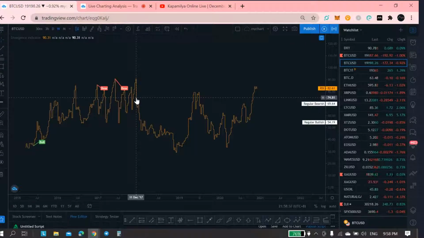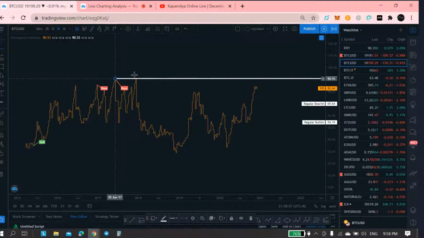I think this one. So 90.91, 31. So this area is 90.53. So that's the highest, I think, 90.31. So around that area, close to 91%. So which is this area.